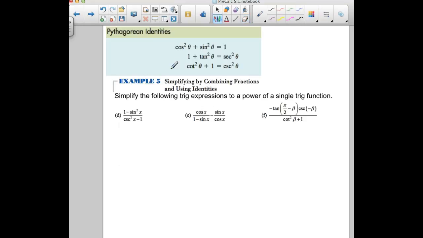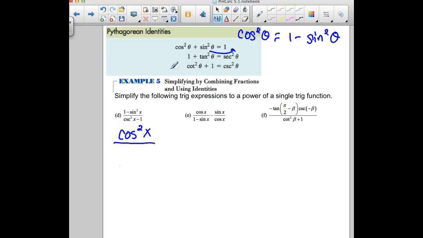So if we rearrange this top Pythagorean identity, if I subtract sine squared to the other side, it now looks like this. Cosine squared theta equals 1 minus sine squared theta. Okay? Well, that's what we have as our numerator, 1 minus sine squared theta, or 1 minus sine squared x. So we can convert this and say 1 minus sine squared x is the same as cosine squared x.